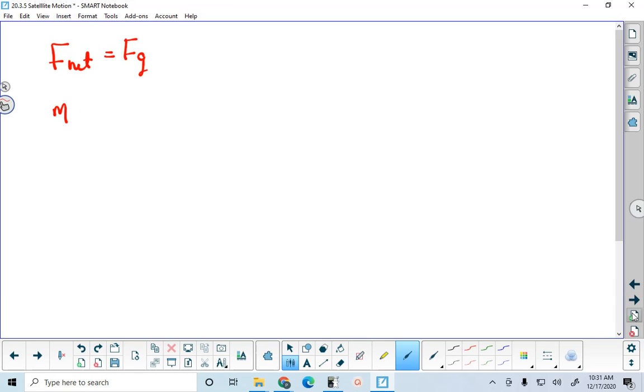This is ma. This is G M over r squared. What have I been teaching you to put in for a? I've been teaching you to put in v squared over r. Is there something else we can put in? There's that other formula that I normally don't like, but we're forced to use here.